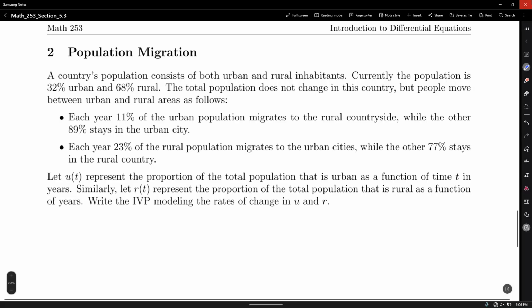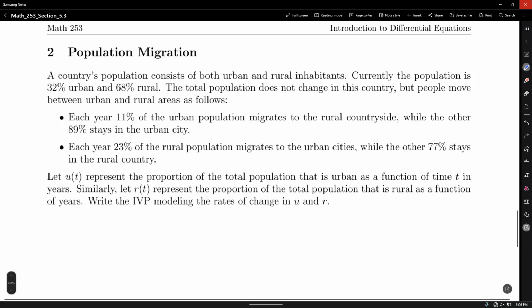Let U of t represent the proportion of the total population that is urban as a function of time in years. Similarly, let R of t represent the proportion of the total population that is rural, also as a function of time in years.